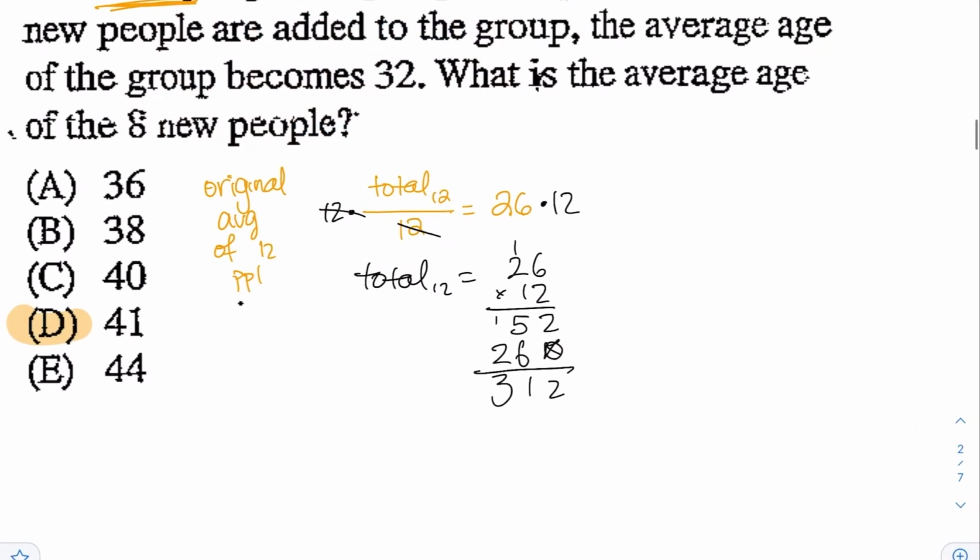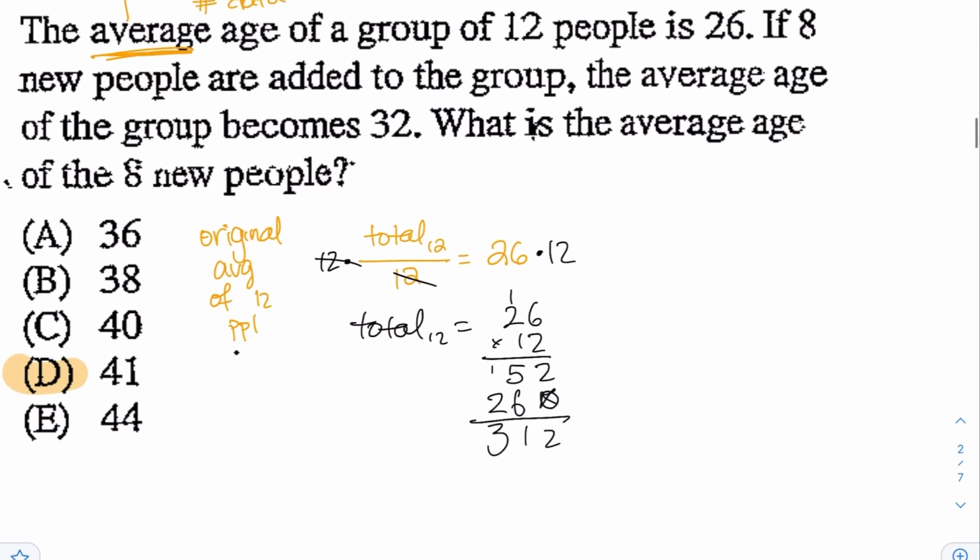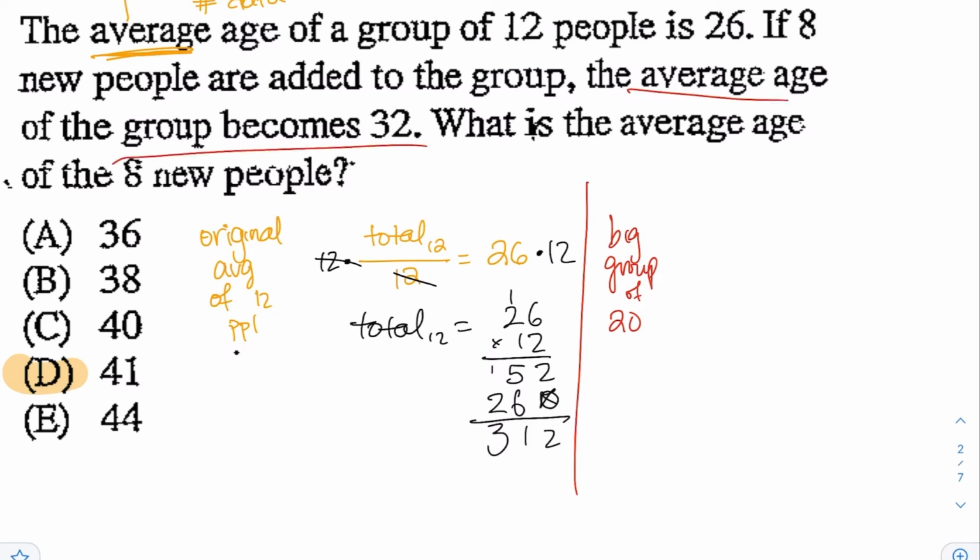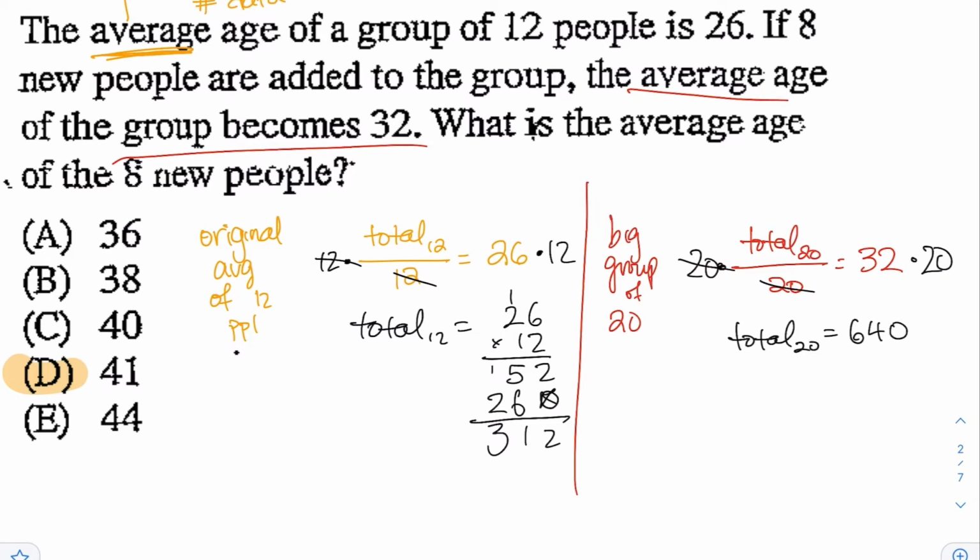Then you want to use the average formula again for the big group of 20, because 8 more people come in. So the new average is now 32. So the total of these 20 people divided by 20 is now equal to 32. So again, you multiply by 20 on both sides to get rid of the denominator. You get that the total of 20 is equal to 640.